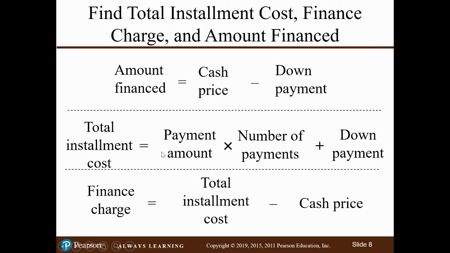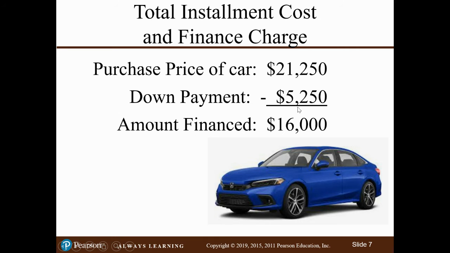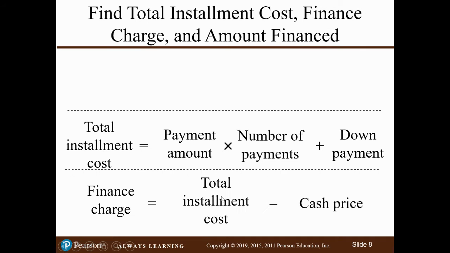It's going to be paid over time using your installment payments. And then your finance charge is the total amount that you pay minus the cash price. So back to that previous example with the car, the amount financed is $16,000. Maybe you're making monthly payments of $450 for 36 months. You would have to calculate to see what your costs were based on the number of payments that you're making.